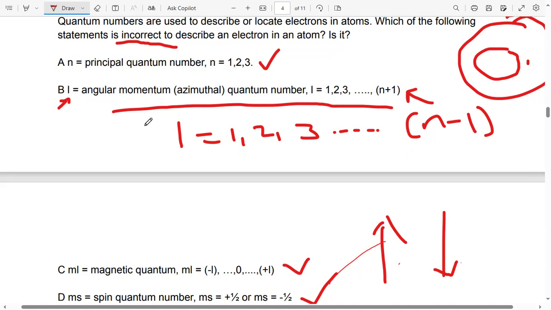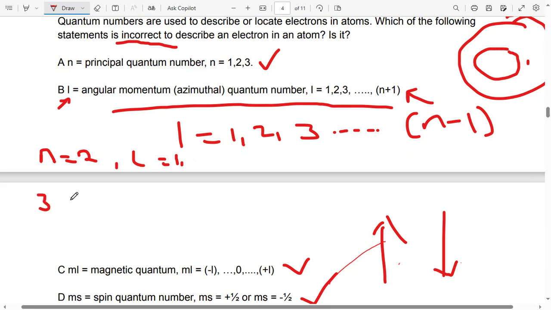If we're talking about the second shell, our n will be 2, so your angular momentum quantum number will just be 1 to n minus 1. It means for the second energy shell, we only have 1 angular momentum quantum number.